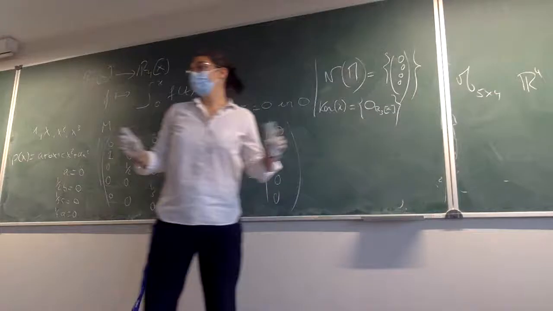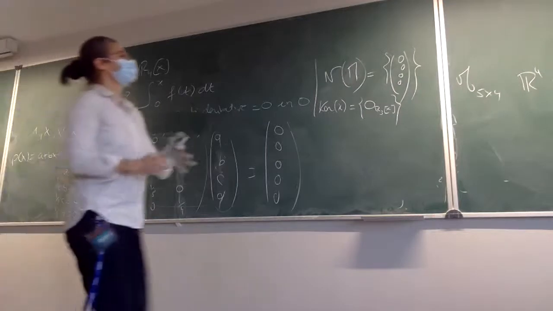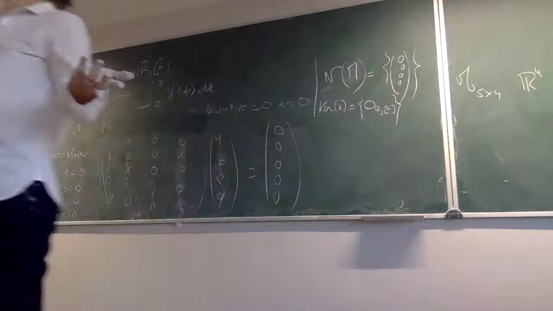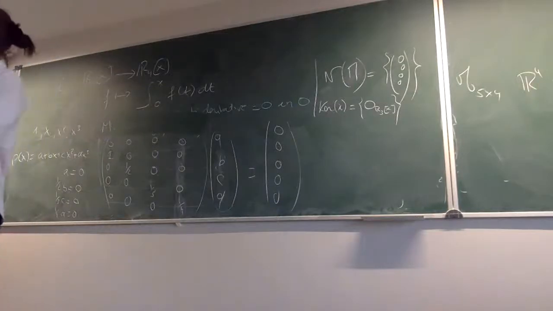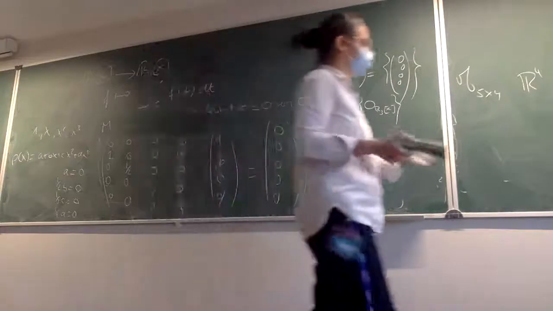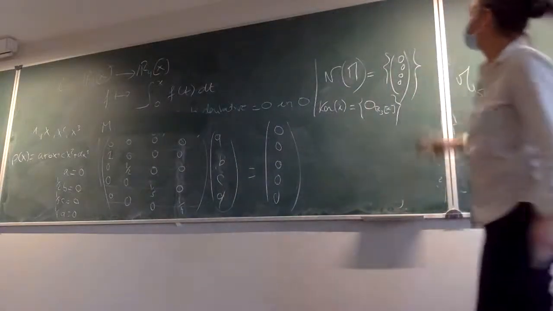Don't write span. It's just one item, and we can't write the span of 0, because then anything is in the span of 0, or nothing is in the span of 0 apart from itself. So don't just write that it's one element.